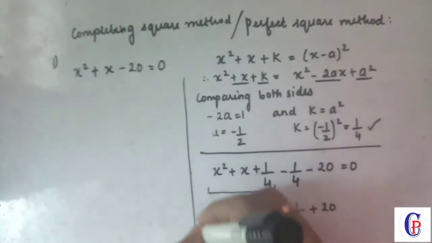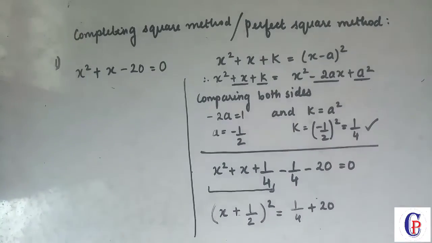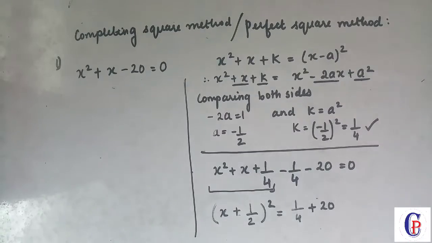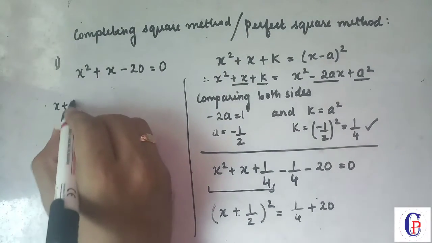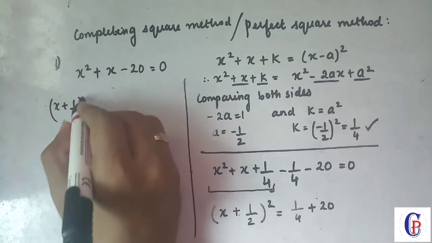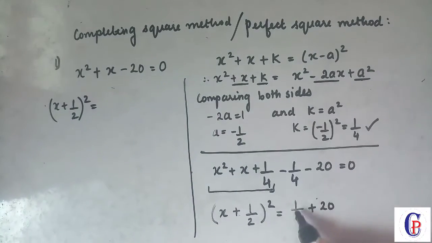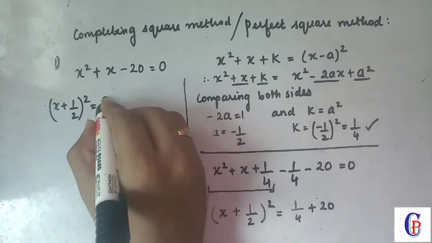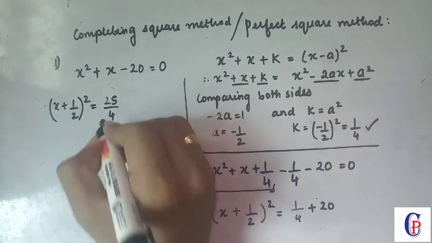Now we write this as x plus 1 upon 2 whole square is equal to, and if you cross multiply or take the LCM of this fraction, you will get 25 upon 4.